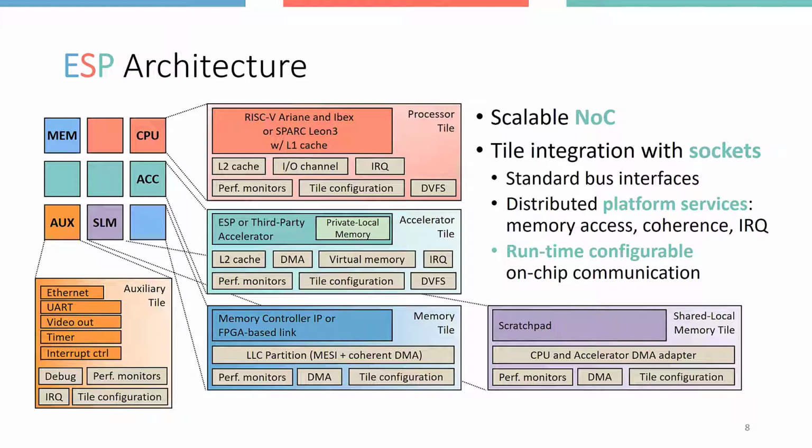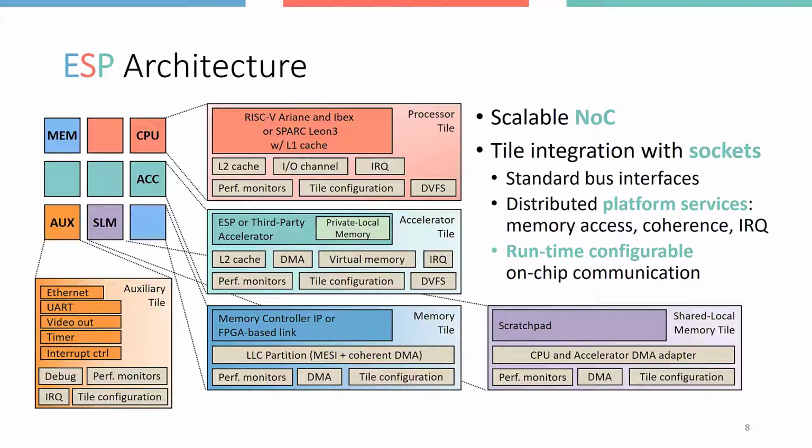And tiles get connected to the network on chip through an interface, which is referred to as a socket. So each tile has its own socket. In fact, it is an instance of a general concept of socket, since sockets are a little different for each main type of tile. There are sockets for processors, sockets for accelerators, and so forth.